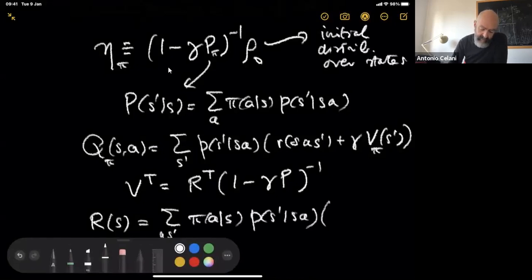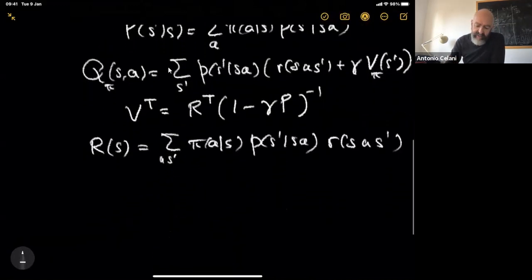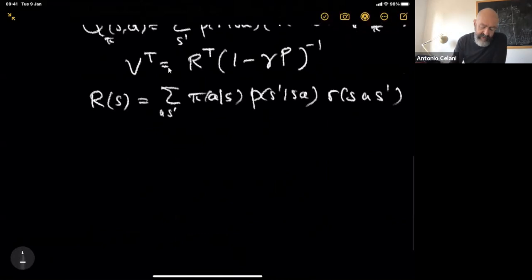And then I collect an average reward, r(S, A, S prime). Okay, so far so good. This is just a very short summary of definitions. So in practice, okay, so let's go back to our example when there are two states and two actions.